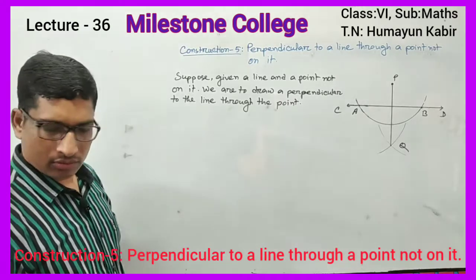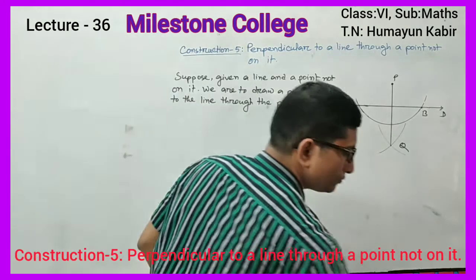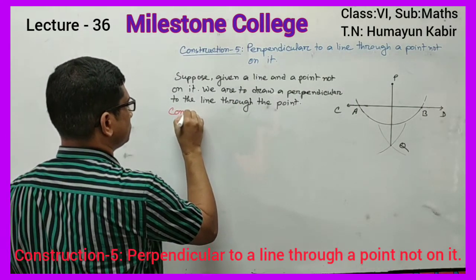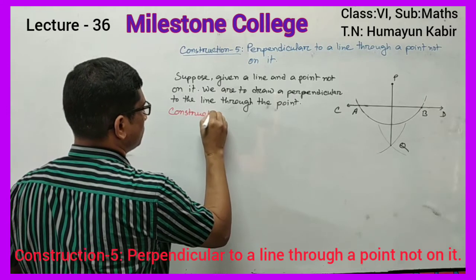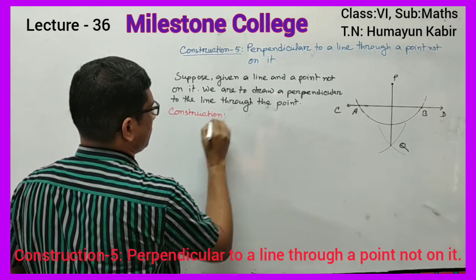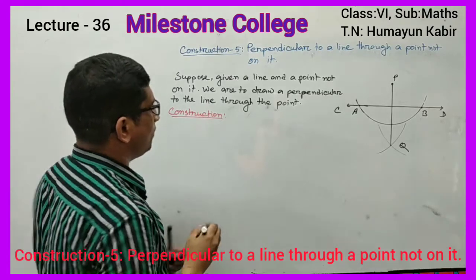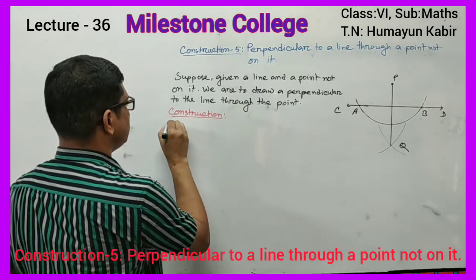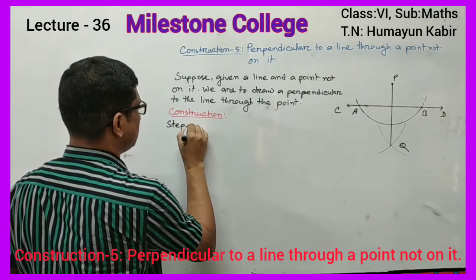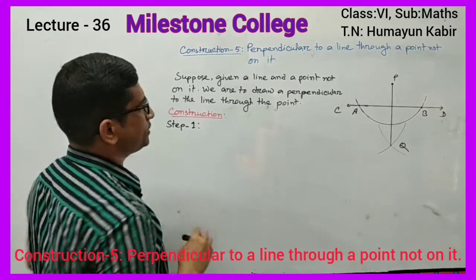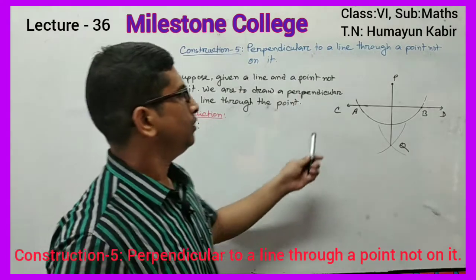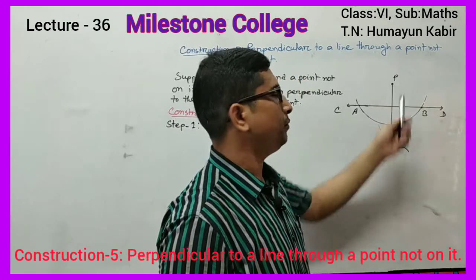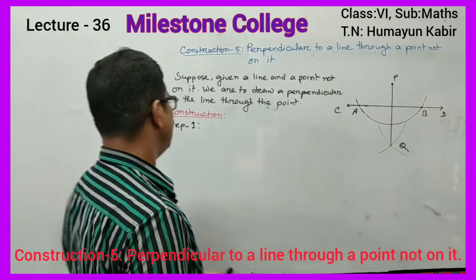Now construction. Step 1. In our step 1, we draw this line CD and we take this point P outside the line.